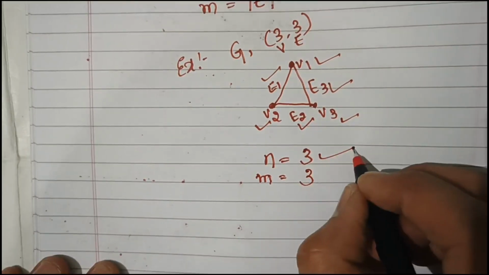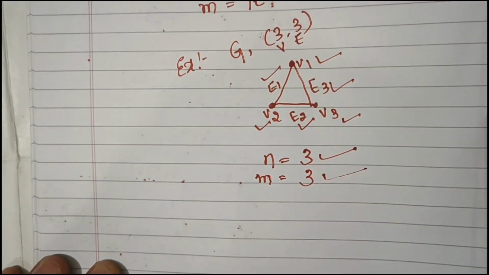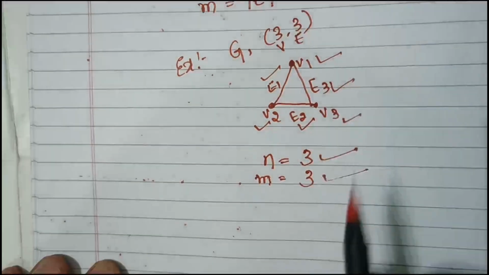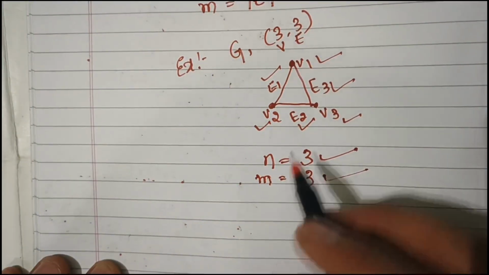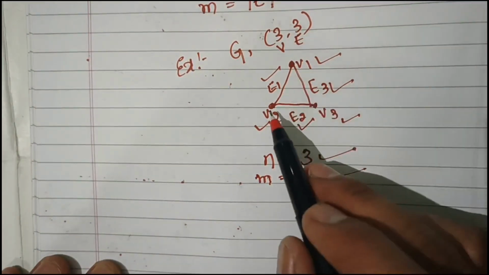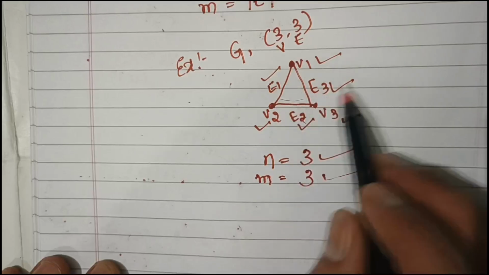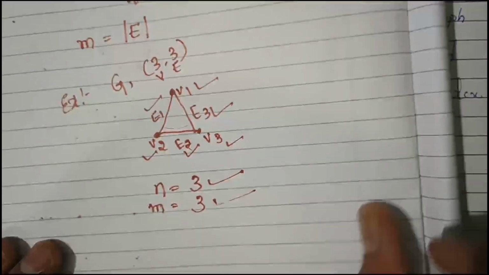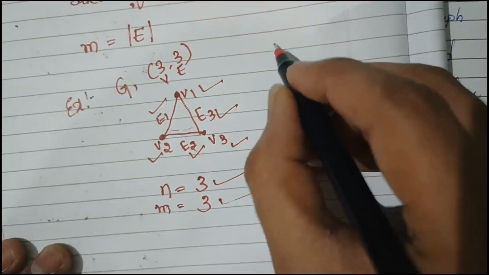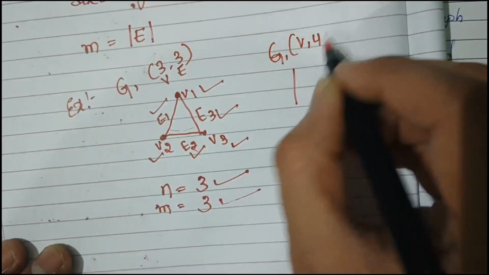So we can find the order and size of the graph. Just remember, order of the graph is the vertices, and size of the graph is the edges.